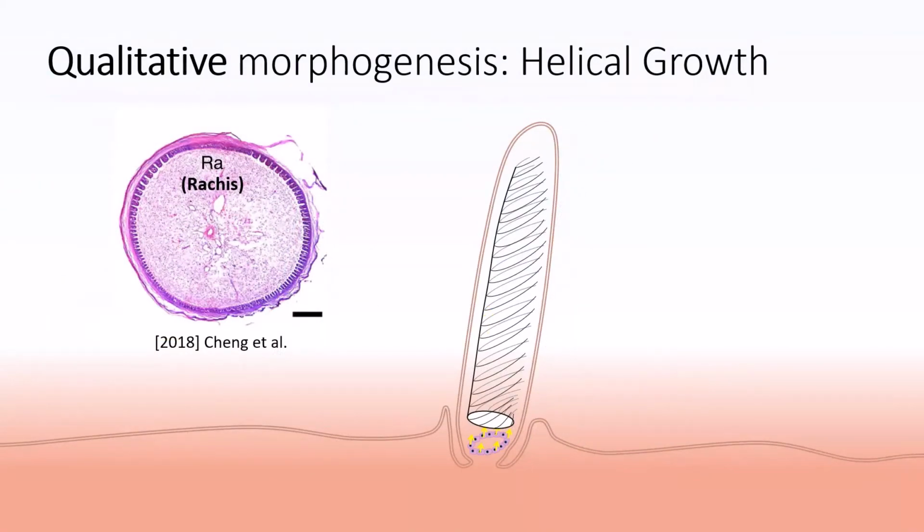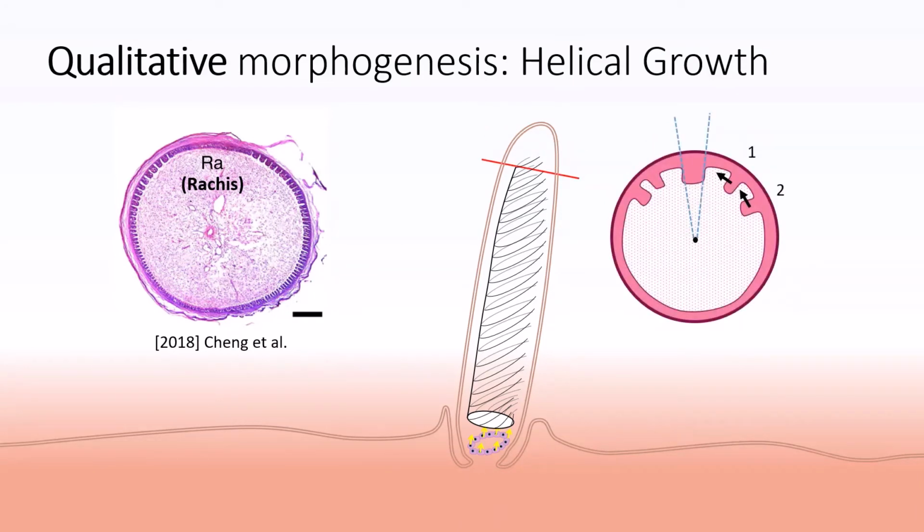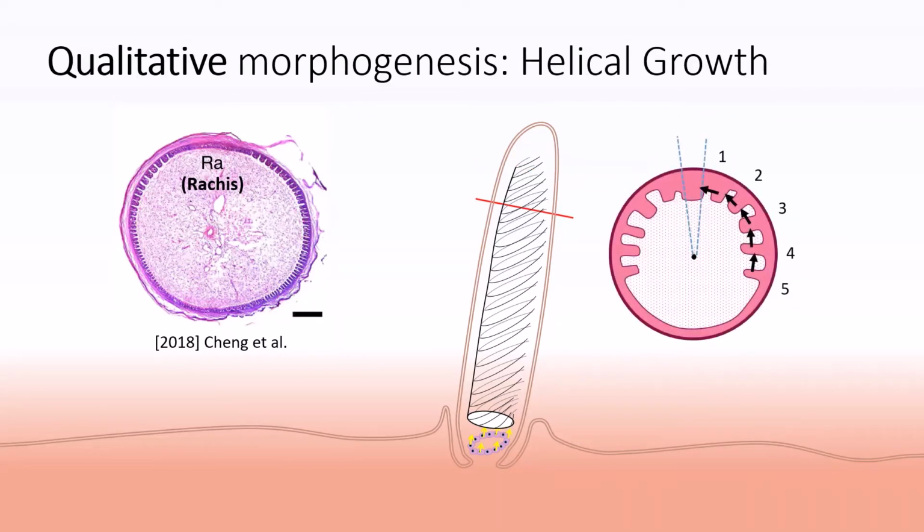To elaborate on the details, we show how the cross-section changes along the follicle. At the very beginning, barbs have not been formed yet. Then, the first few barbs start to emerge along the circle. Then, two emergence positions at two sides become closer, and we can also see that barbs are fusing towards the rachis, like barb 1 here.